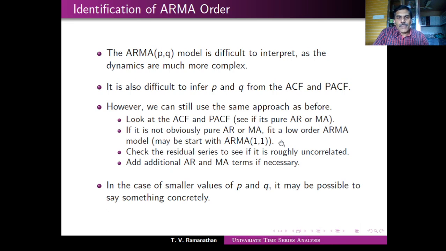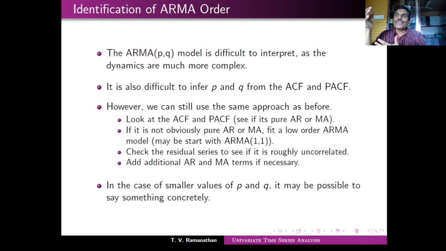Maybe start with an ARMA(1,1), because you can identify the significant ACF order and PACF order. The ACF order you attach with MA, the PACF order you attach with AR, and then start with that ARMA model. And of course, from a competing set of models, we need to select one, and we will discuss what criteria can be used in such a situation.